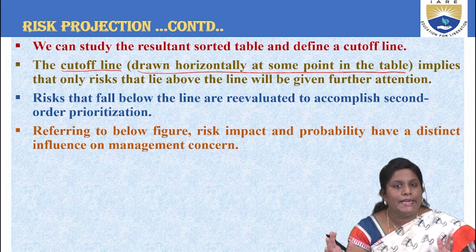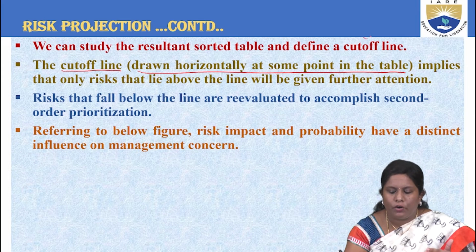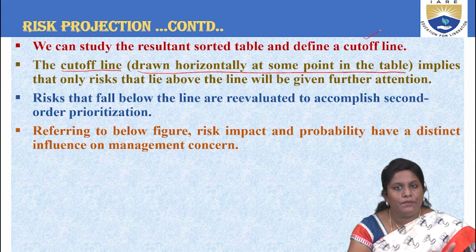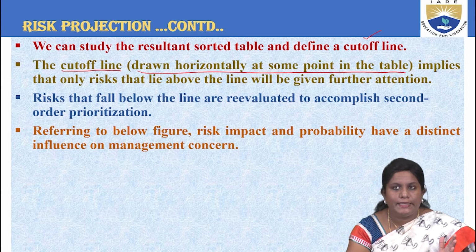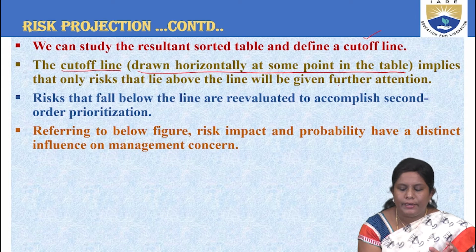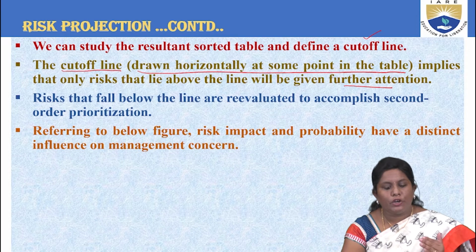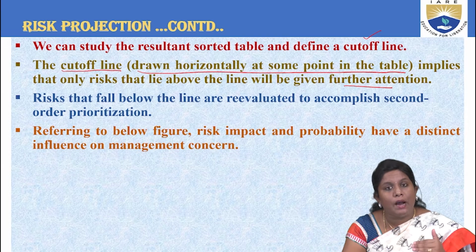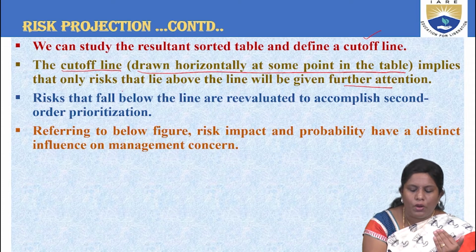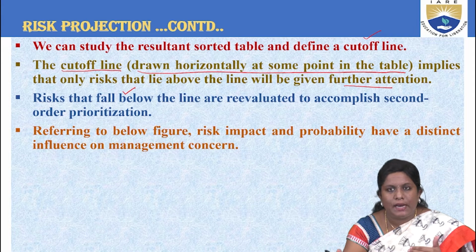Knowing the high priority risks and low priority risks, you can sort them out and talk about the cutoff line. Drawn horizontally in the table, it implies that only risks that lie above the line will be given further attention. Whatever risks are above the line will be concentrated on more, and whatever follows below will be checked once the top level things are done.